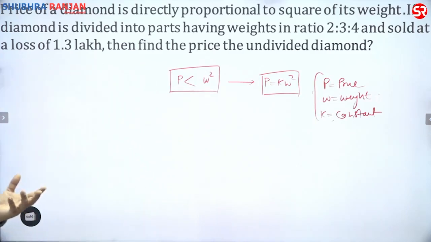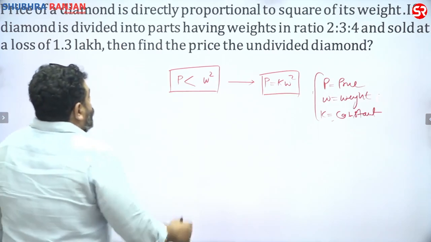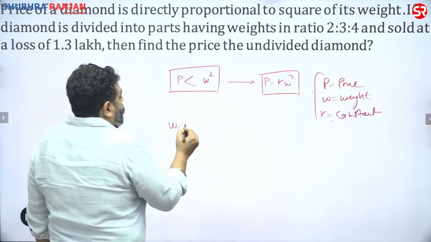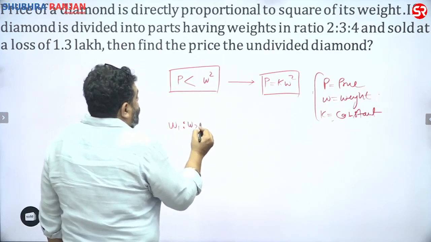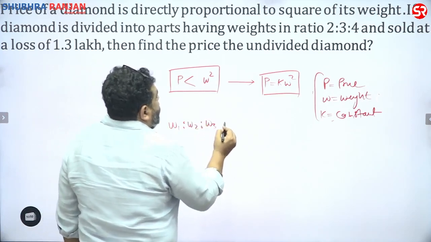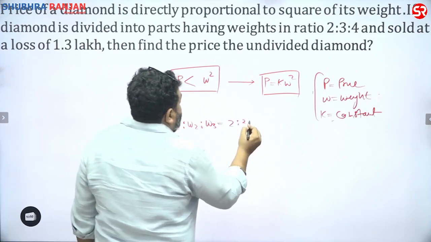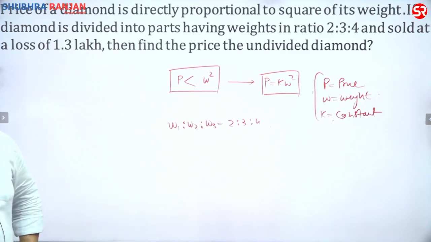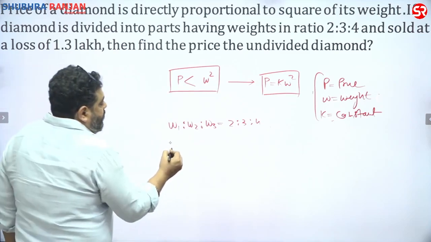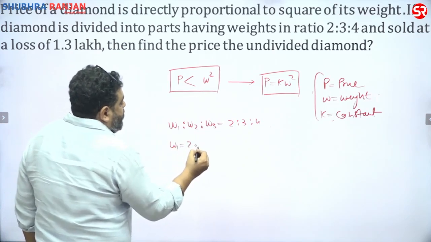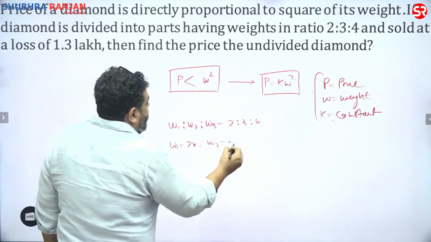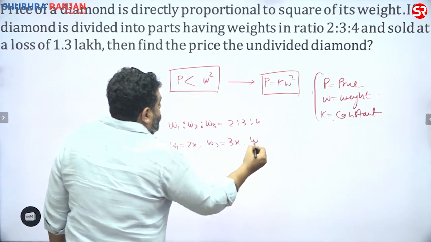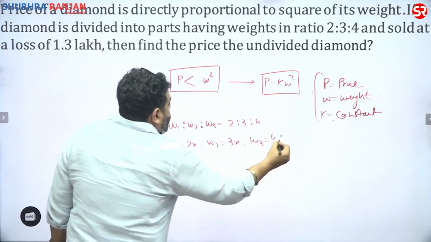Now listen to me. एक diamond था, right? उसके 3 टुकड़े हो गए, W1 is to W2 is to W3, इनका वेट है 2 is to 3 is to 4. Alright, so I say, which means let the weight W1 is 2x, weight W2 is 3x, weight W3 is 4x.